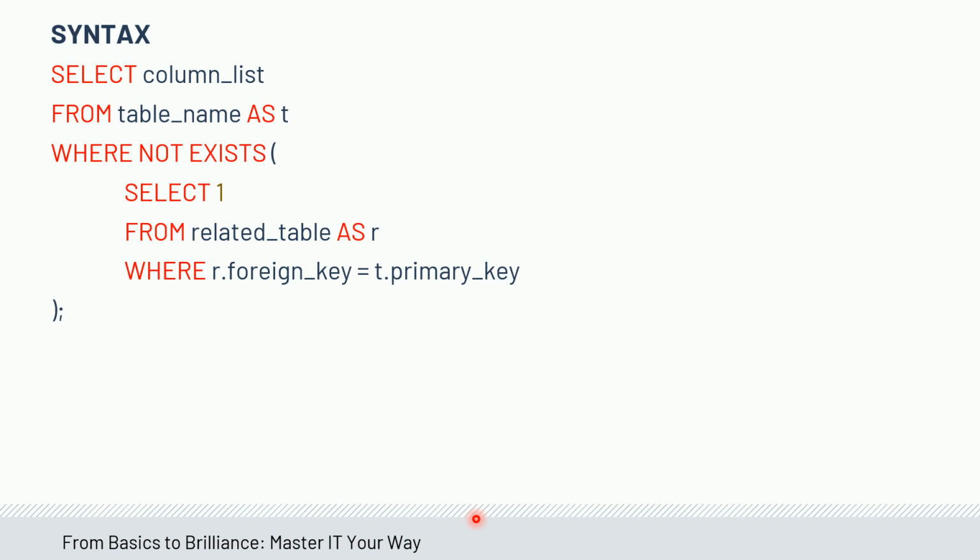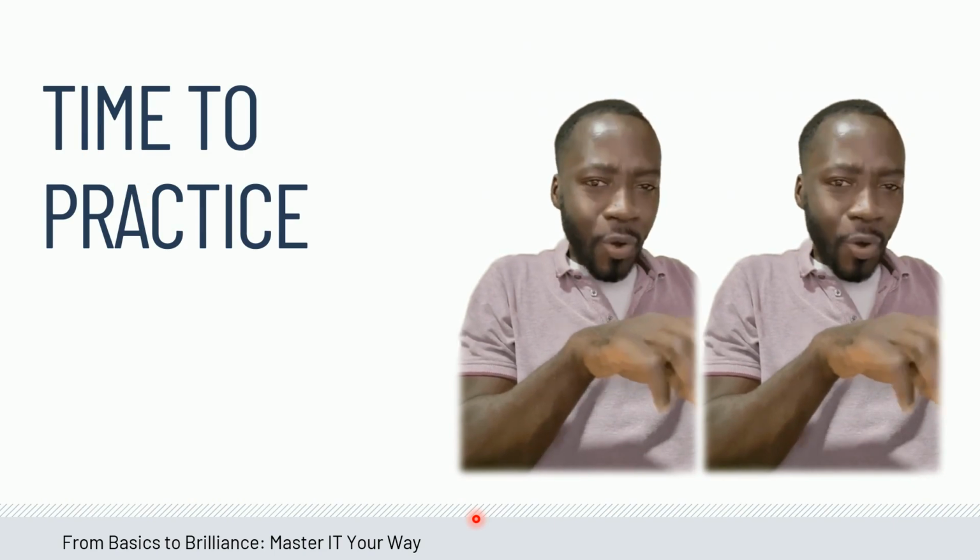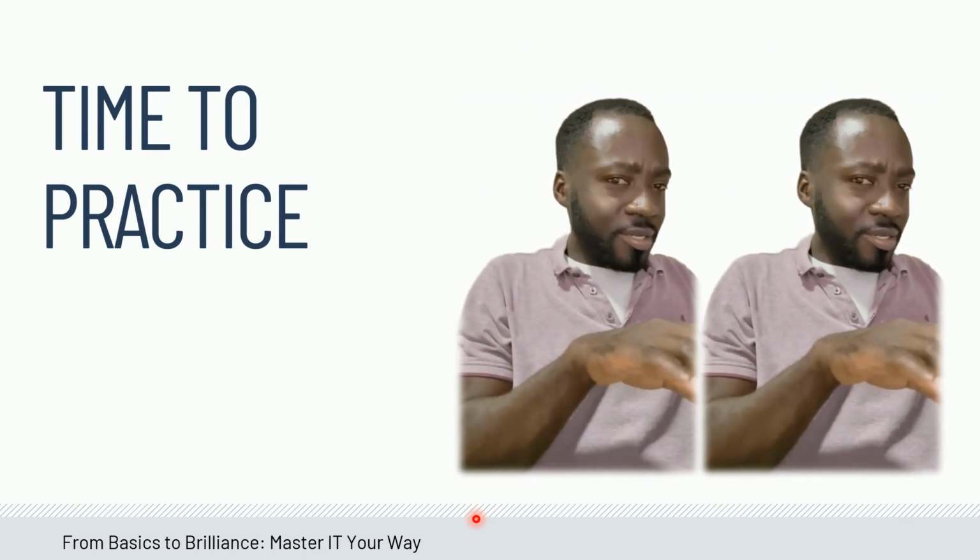It is as simple as that, and that is what we will be using in our SQL subquery DB. So I'm going to switch to my Express server, then we can do some practice.